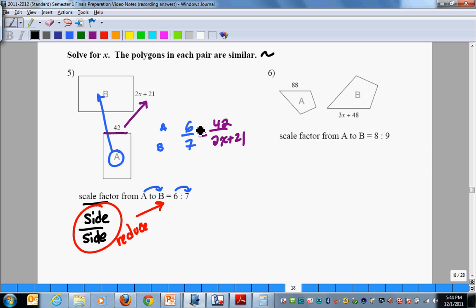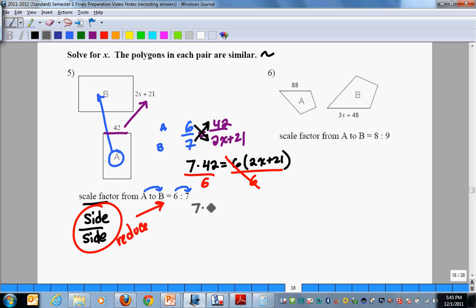I'm going to cross multiply. Instead of distributing and dividing out, I'm going to just divide by 6. So I have 7.